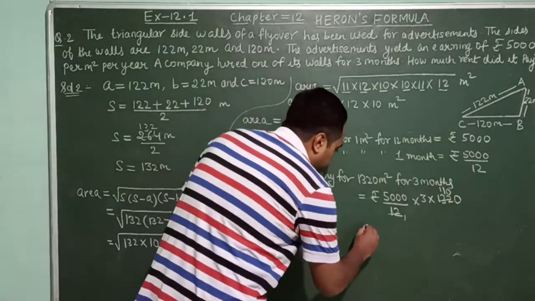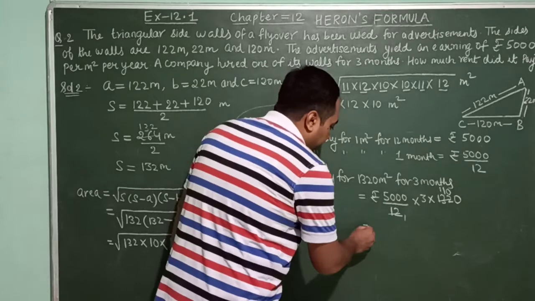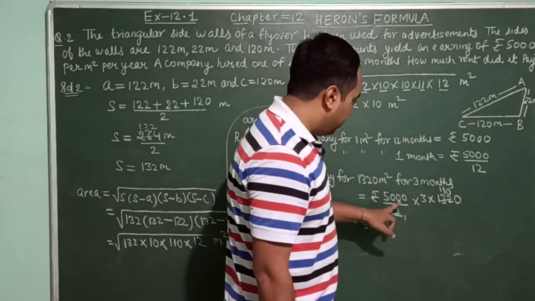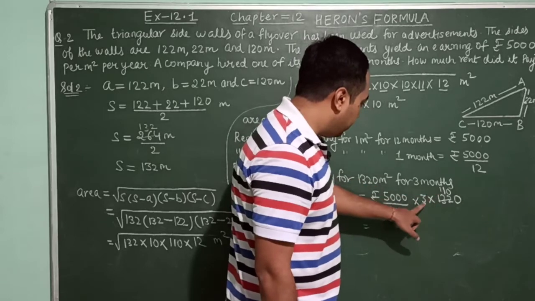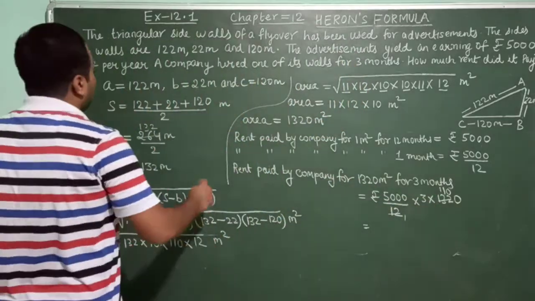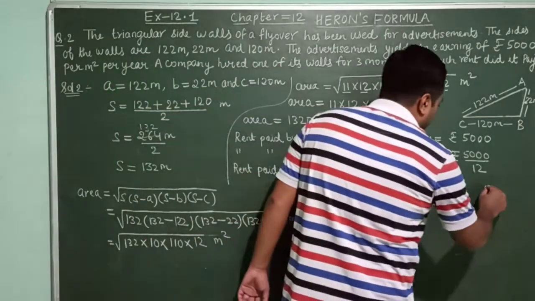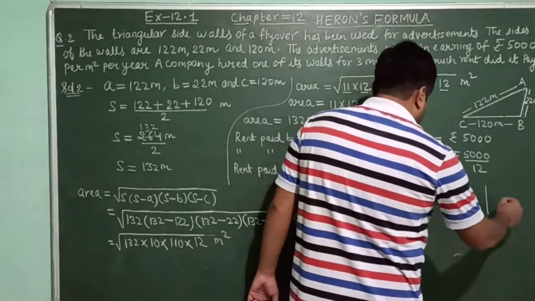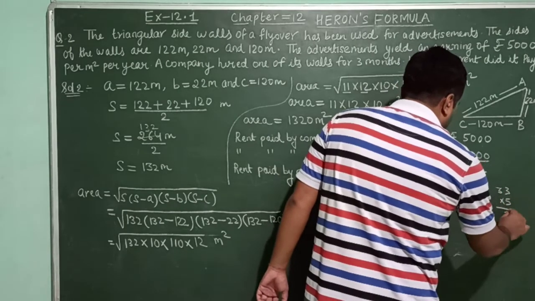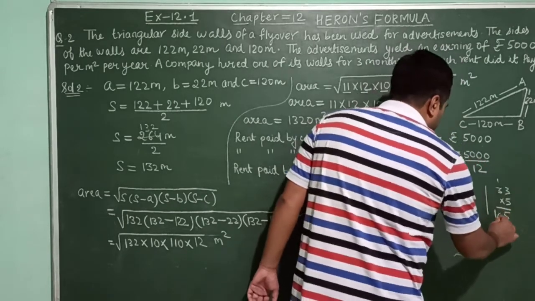So now multiply it. 11 threes, see, 11 threes are 33, and 33 fives are, I'm multiplying over here, 33 into 5, 5 threes are 15, 5 threes are 15, 165.